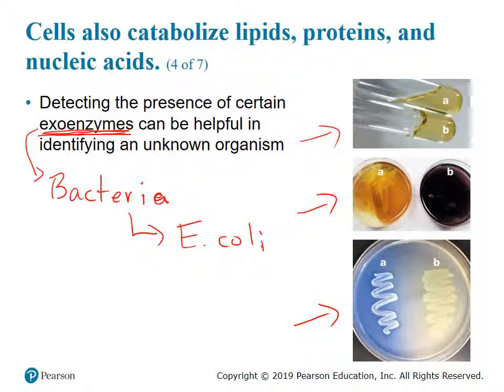And you notice here, for example, on the plate, this side is yellow or kind of a brown color, and this is blue. That's indicative of an exoenzyme that this organism has been secreting out. And we see this one here, where B is a certain color, A is a certain color, and then you see this here and this too.